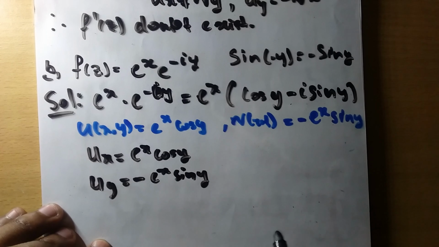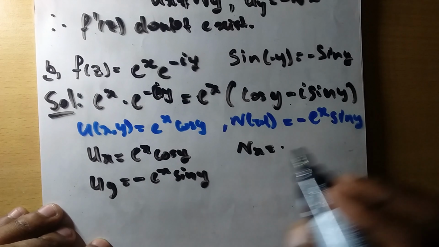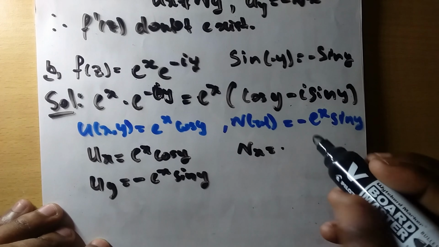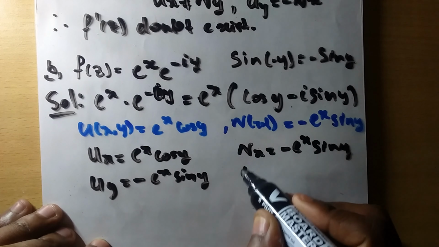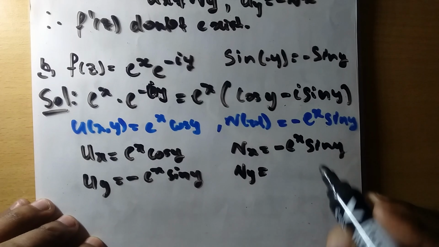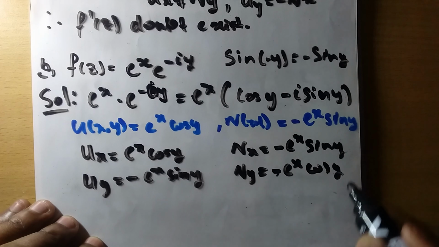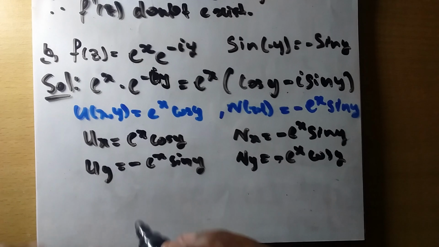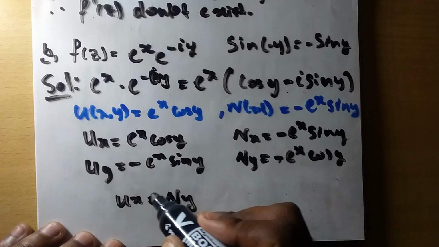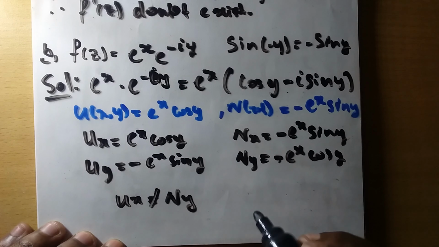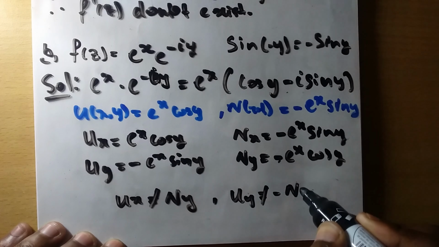Now we check for v: the partial of v with respect to x is negative e to the x sine of y, and the partial of v with respect to y is equal to negative e to the x cos of y. As you can see again, our u_x is not equal to our v_y, and at the same time, our u_y is not equal to negative v_x.